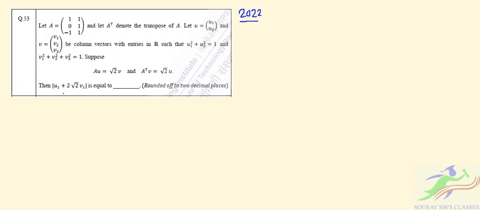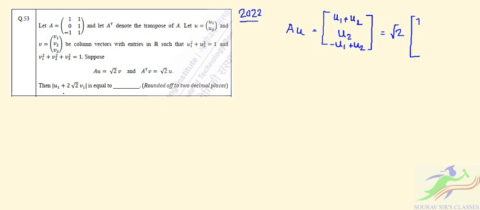Now, first find what is AU. So this AU will be U1 plus U2, U1 into U2 minus U1 plus U2, is equal to root 2 V. Sorry, root 2 V is the column vector V1, V2, V3.